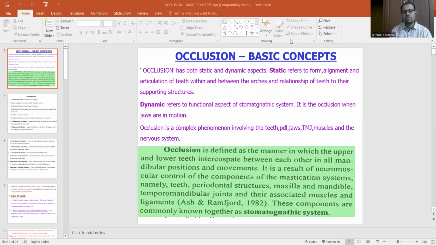It is a result of neuromuscular control of the components of the masticatory system, namely teeth, periodontal structures, maxilla and mandible, as well as temporomandibular joints and their associated muscles and ligaments. These components are commonly known together as the stomatognathic system. So basically, occlusion is the maximum intercuspation between the upper and lower teeth, which involves various components of the stomatognathic system.